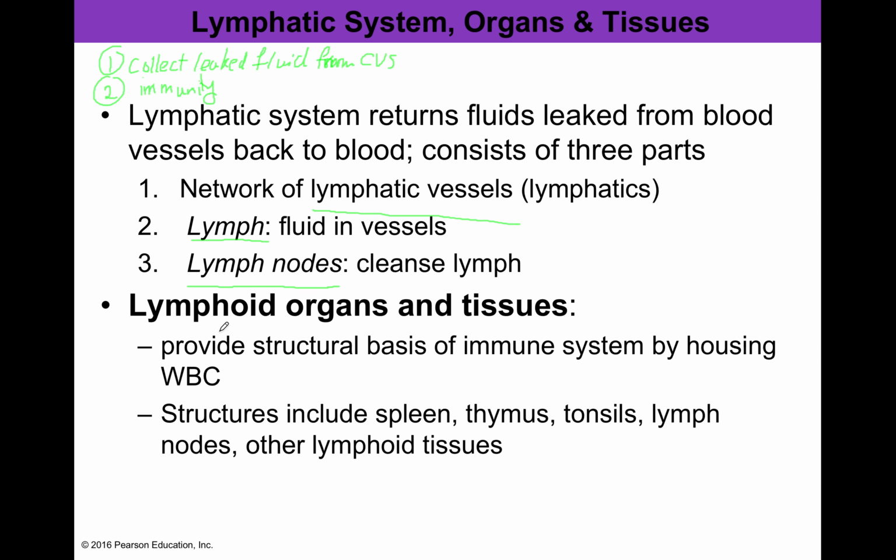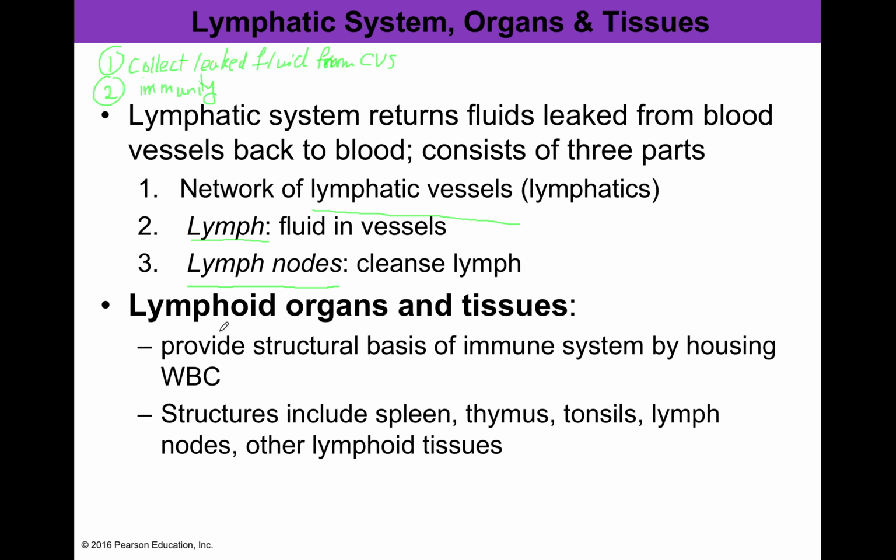So you have the fluid, which is lymph, and the vessels, which are called lymphatic vessels. To make sure that this fluid is clean, you pass it through these nodes throughout the lymphatic vessels, referred to as lymph nodes. Again, their job is to clean your lymph before returning it back to the cardiovascular system.